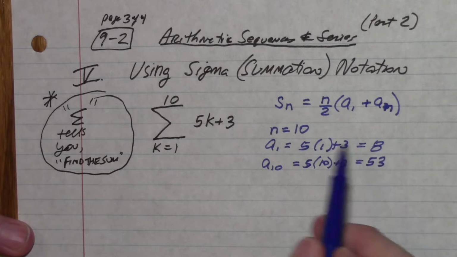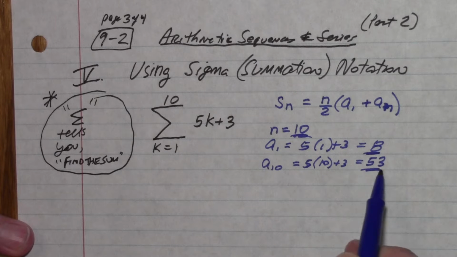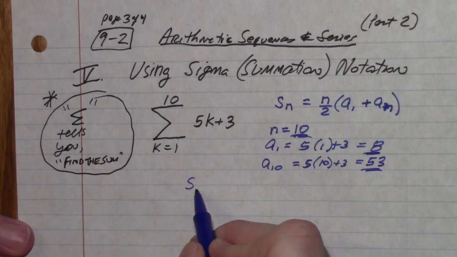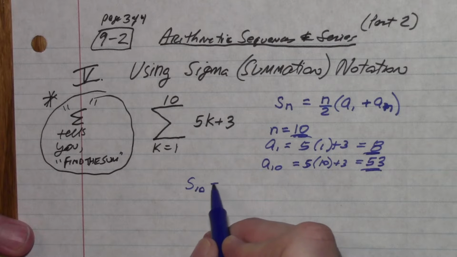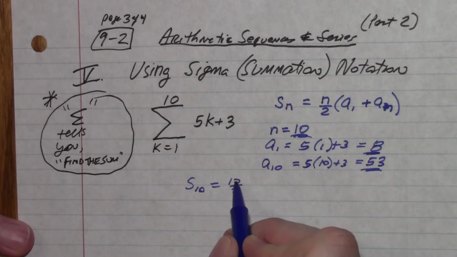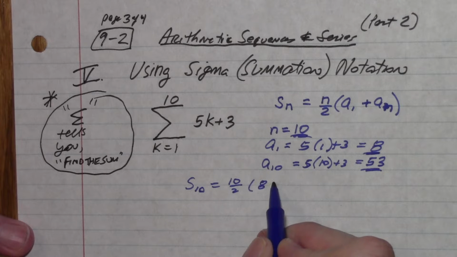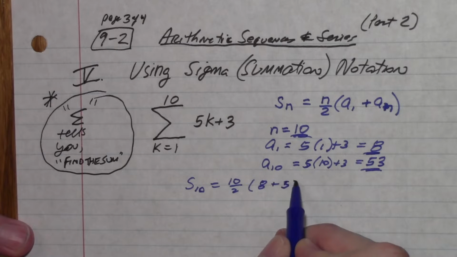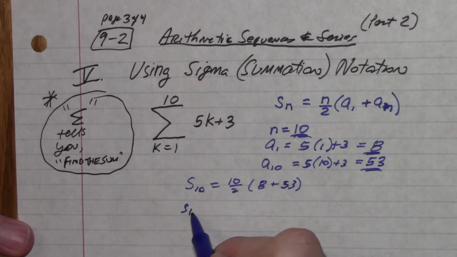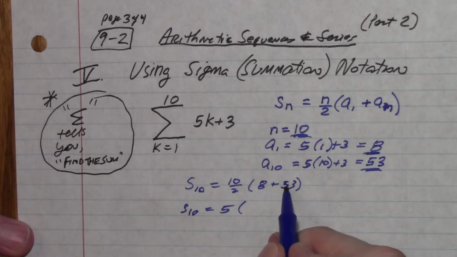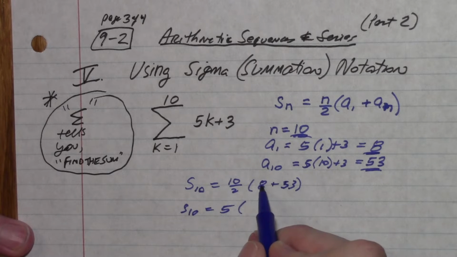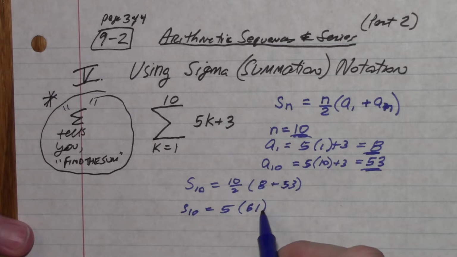We now have the 3 pieces of information that we need, these 3 things. We can say that the sum at the 10th term is equal to 10 over 2, times the first term, 8, plus the 10th term, 53. So the sum of the 10th term is 5 times 61, because 53 and 8 is 61.